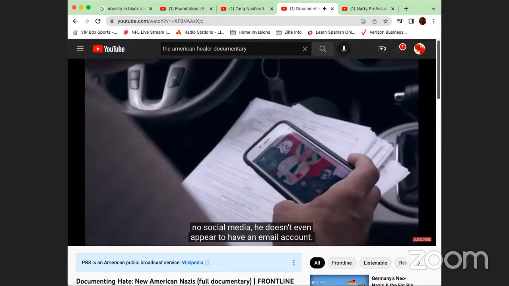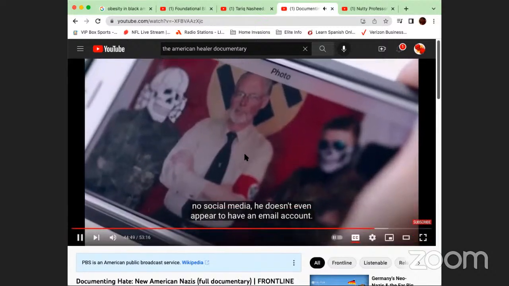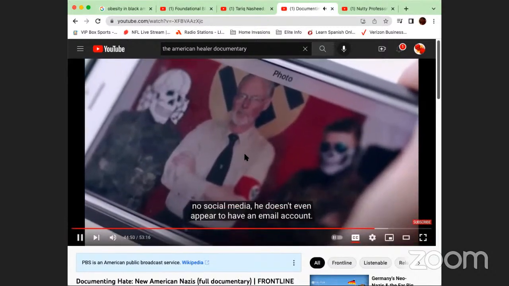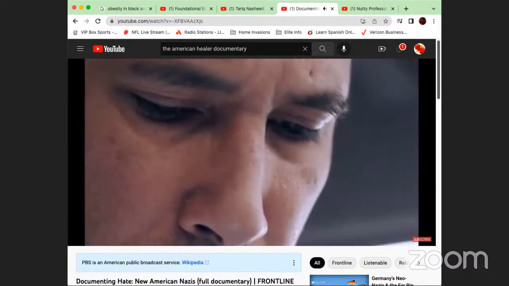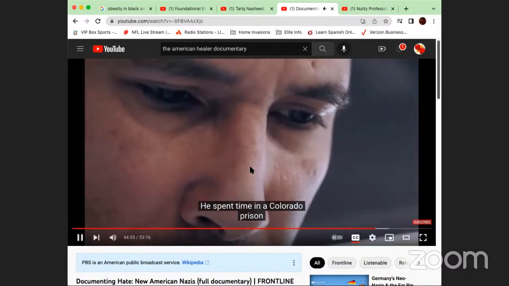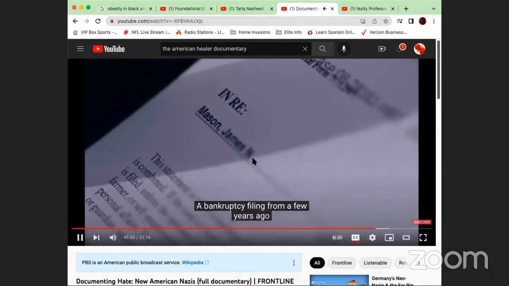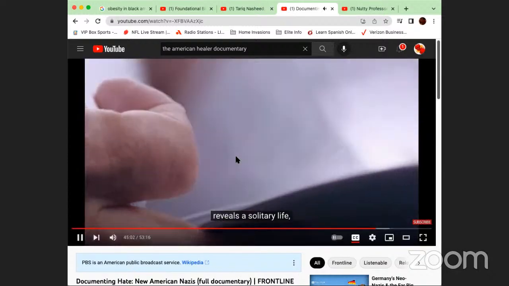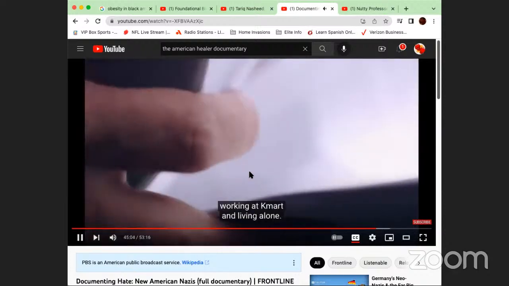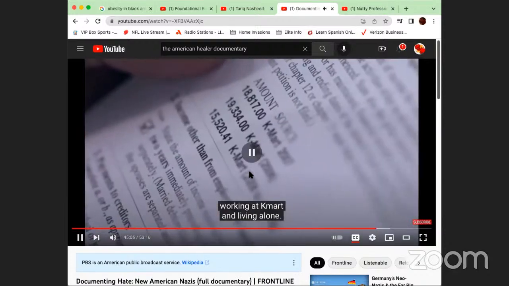Mason has no online profile, no social media. He doesn't even appear to have an email account. He spent time in a Colorado prison for menacing someone with a pistol. A bankruptcy filing from a few years ago reveals a solitary life, working at Kmart and living alone.